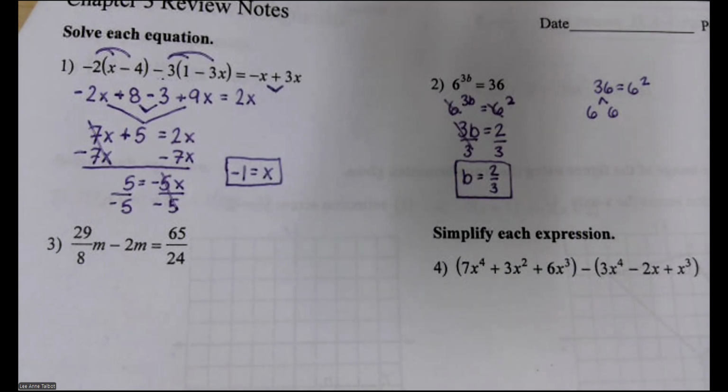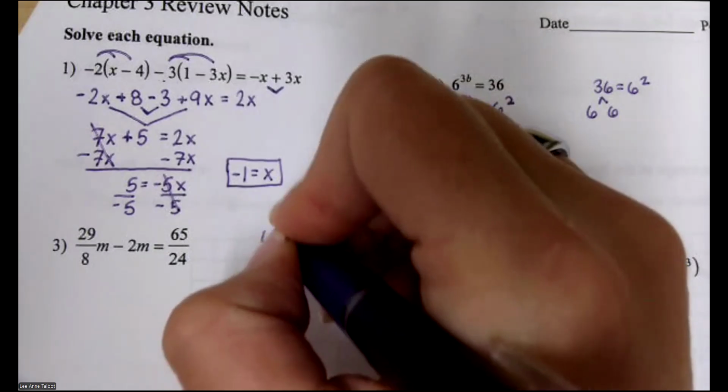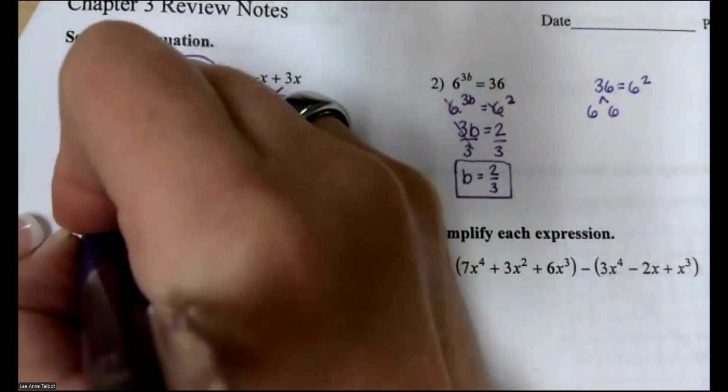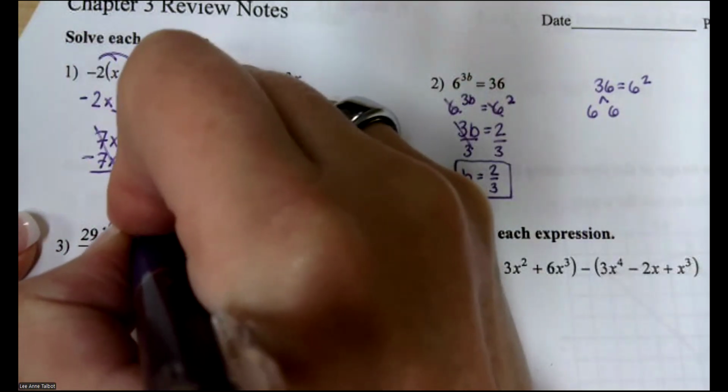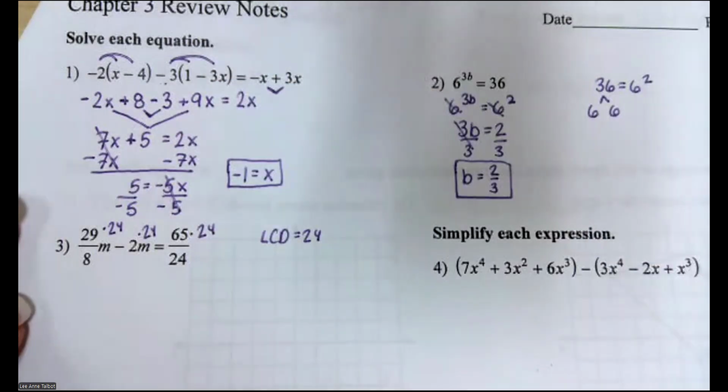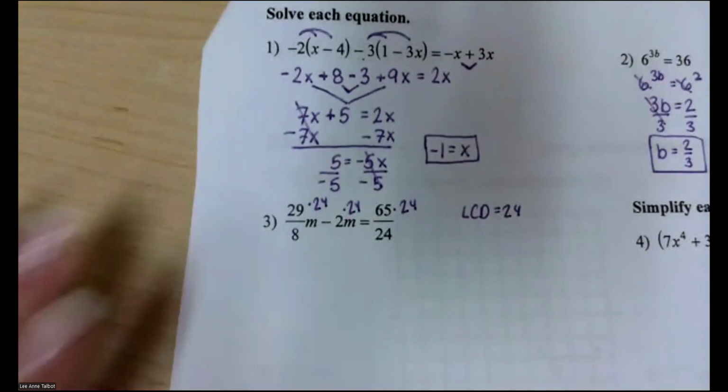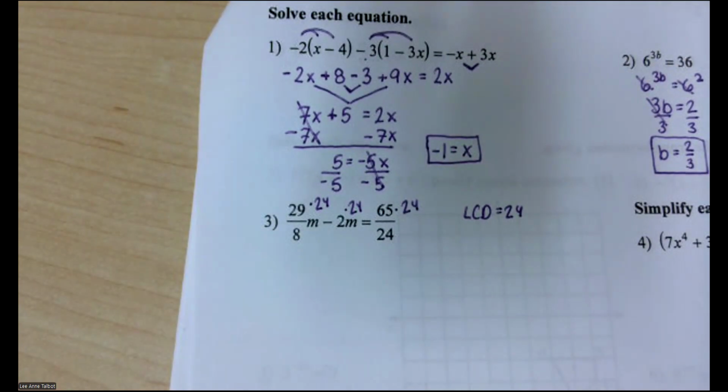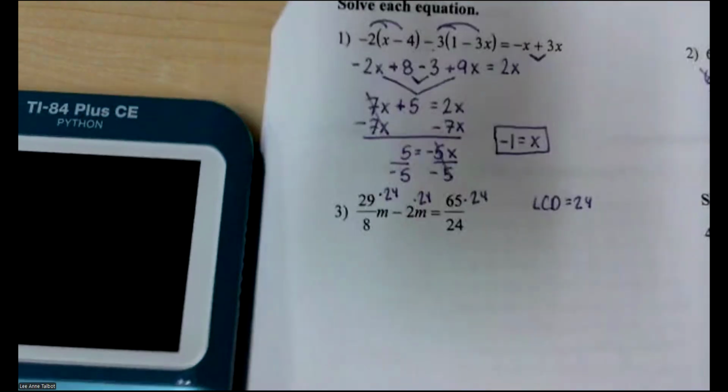Okay, number 3. What is the least common denominator in this one? 24. We're going to have to do some calculations here.